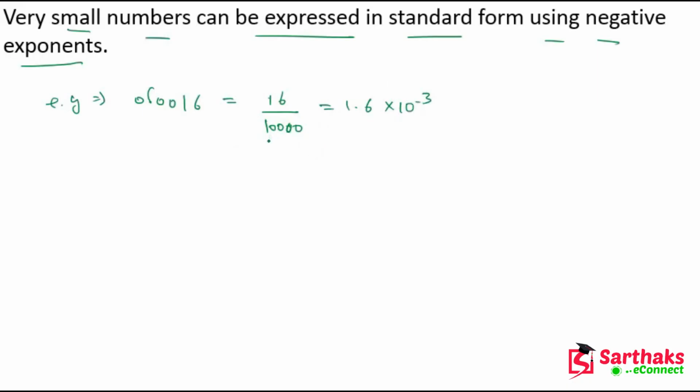In the denominator it is 10 raised to power 3, and after shifting to the numerator the power becomes negative. So this is 10 raised to power minus 3. So a very small number can be expressed in standard form using negative exponents. I hope you understand these things, my dear friends.